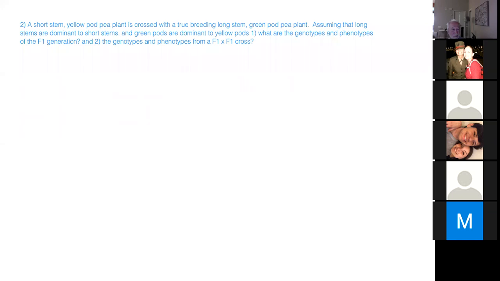So let's start by assigning variables. We're looking at stem length and we're looking at color. So what do we want to define our variables as? You can use any letters as long as they make sense. For color, we use capital C, right?